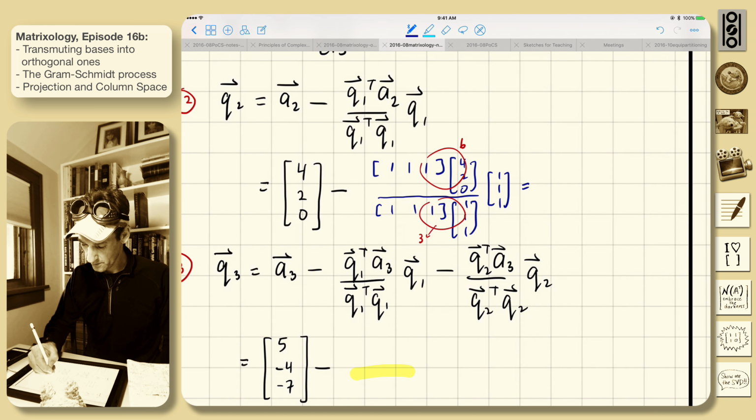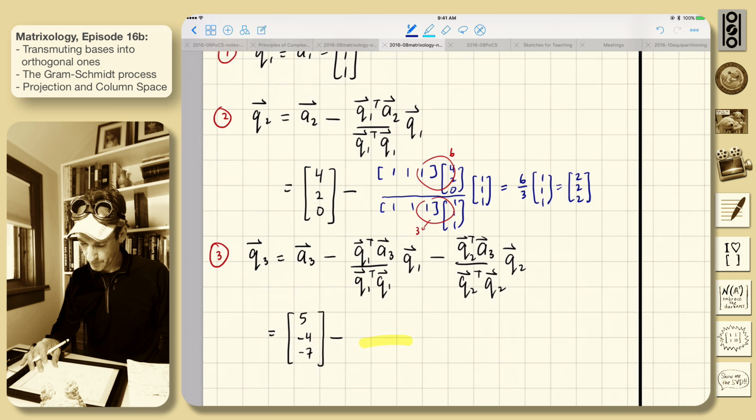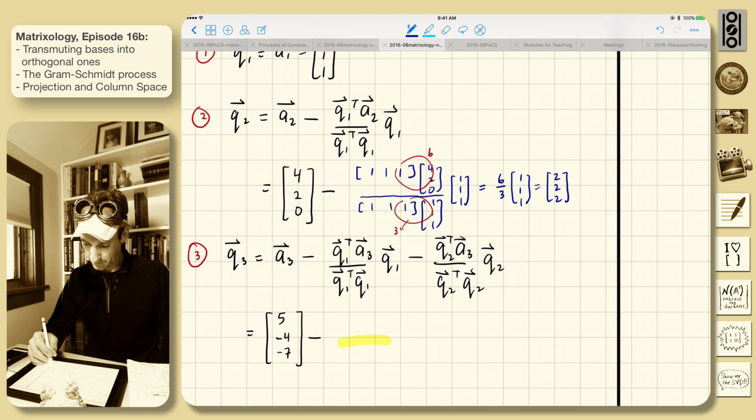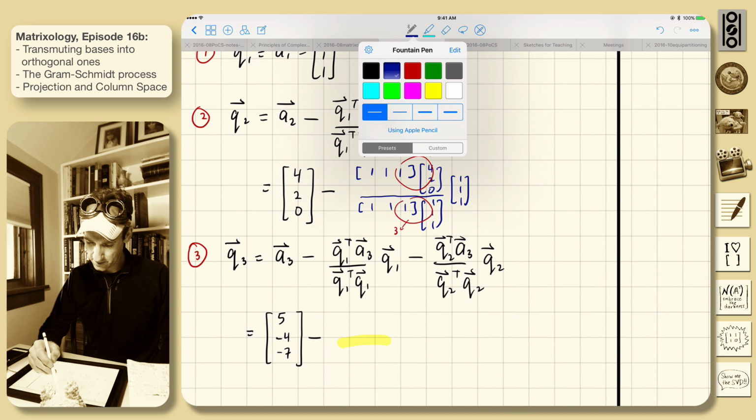All right, so it's 6 divided by 3 times the vector 1, 1, 1, and we'll write that as 2, 2, 2. So we're subtracting this off.